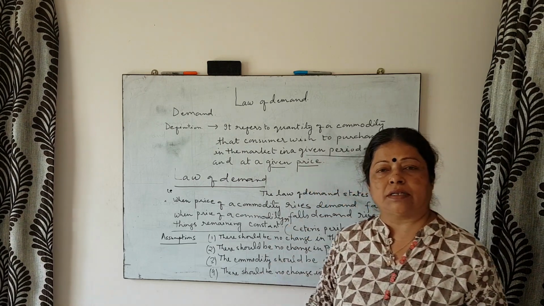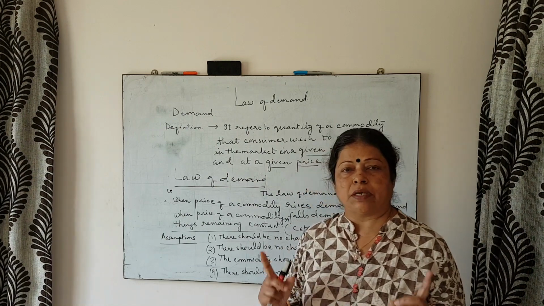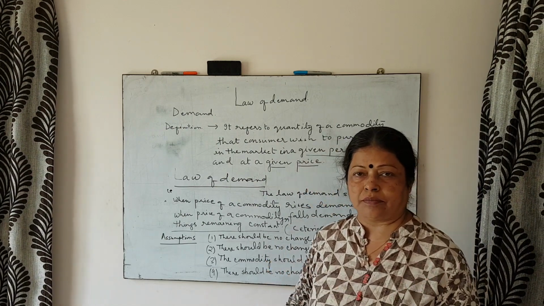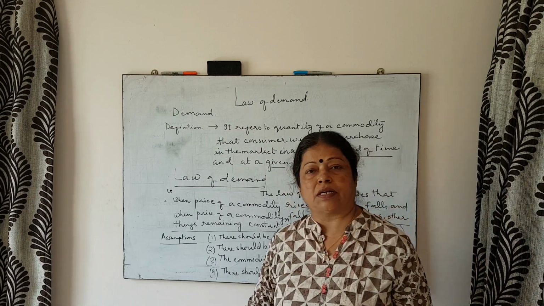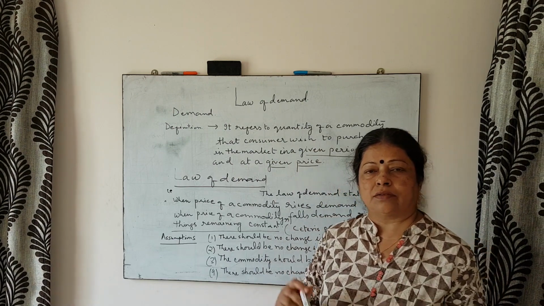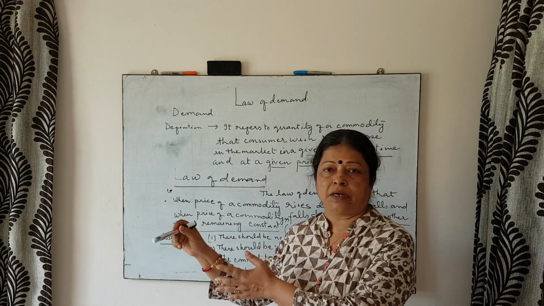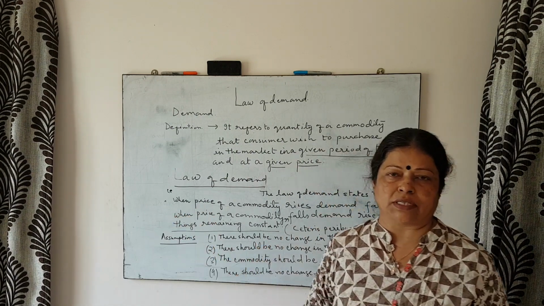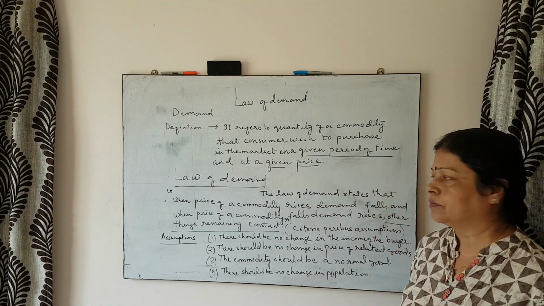Demand is always related with time period because it is a flow concept. It is measured over a period of time. Similarly, demand is always expressed at a given price. Means when I say price of a commodity is rupees 10 per unit, then it makes some sense. So these two words should be there in your definition.